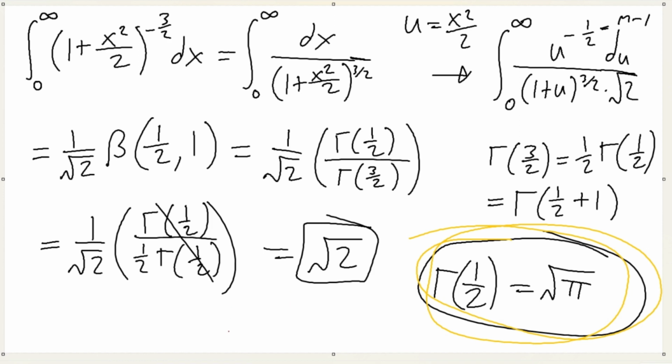Just treat it like a square root and then do some u substitutions, and then it'll become a Gaussian integral, and the Gaussian integral will give you this answer. So the gamma of 1/2 is equal to the square root of pi. Keep that in mind. But other than that, that's pretty much it.